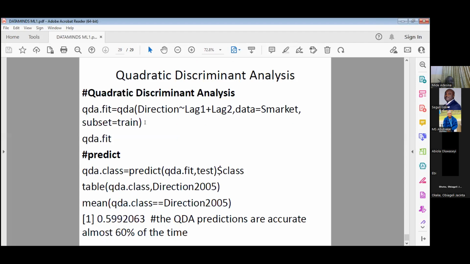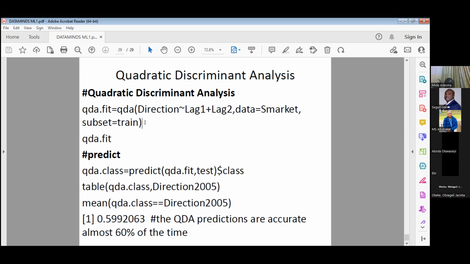Now, the last one we are talking about here is quadratic discriminant analysis. We are still relying on two independent variables, Lag1 and Lag2. Then we can see our subset is train.